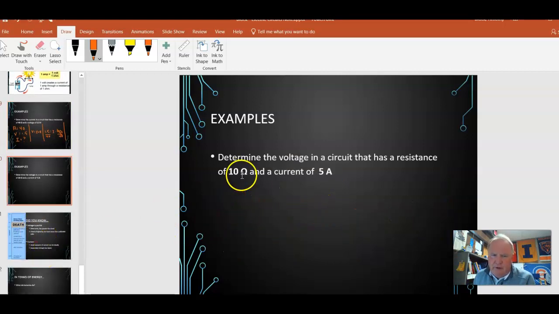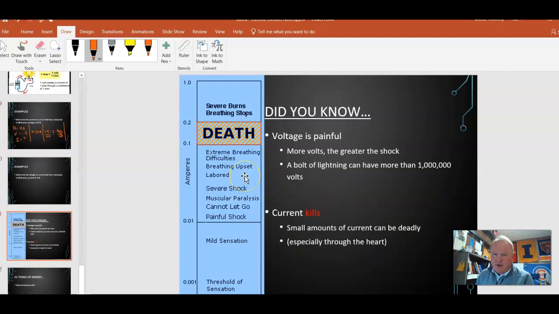And so if we look at this chart right here, electricity coming out of the plugs is different. Okay, number one, it's 120 volts. And we have batteries that are 1.5 volts. So when we think about voltage, voltage is painful. It shocks us and it makes us feel that in our system.